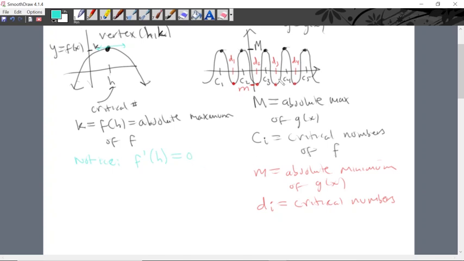Now over here on this graph, if we take a look at all of these points over here, it also turns out, by the way that I've constructed these functions, we can note this as well, that g prime of all of our critical numbers c_i and g prime of all of our critical numbers d_i, they all happen to equal 0 as well.